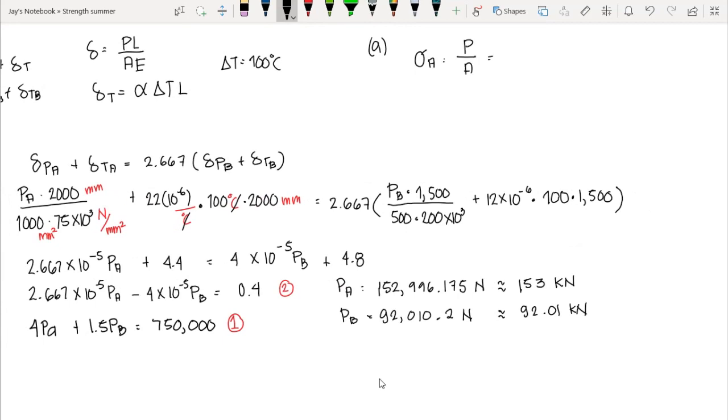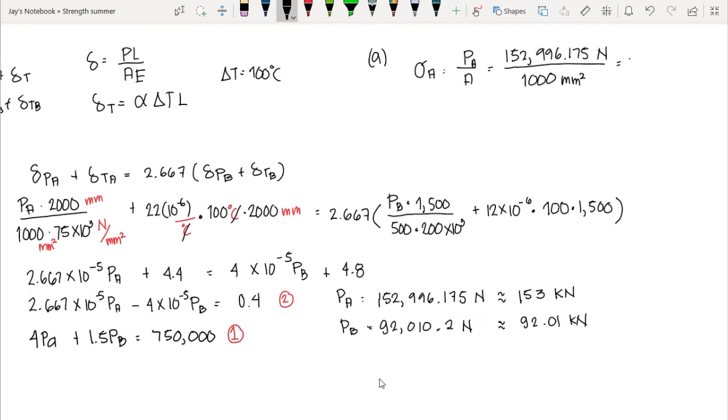That is, now the PA, the actual force at A, that is 152,996.175 Newton over the area of A, that is 1,000 square millimeter. The answer, 153, that is in megapascal.